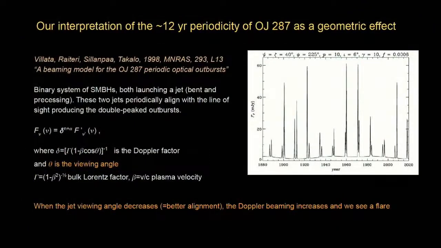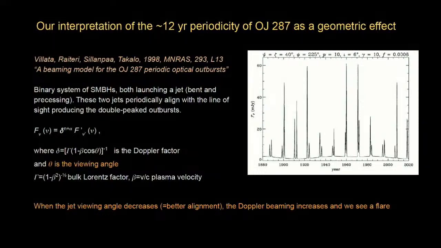1996. And besides observing, we also proposed a model to interpret this periodicity, according to which there's a binary system of supermassive black holes, and both of them are launching a jet, which is precessing, and each time one of the two jets points towards us, we see a flare.